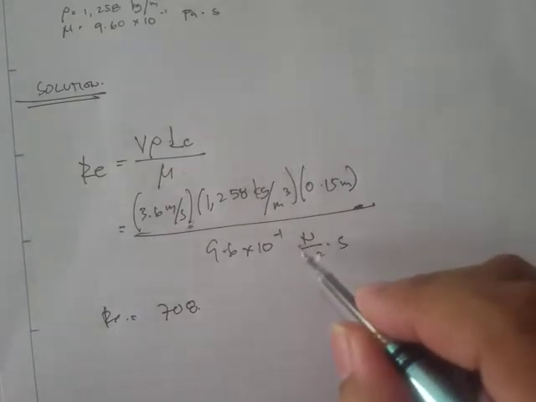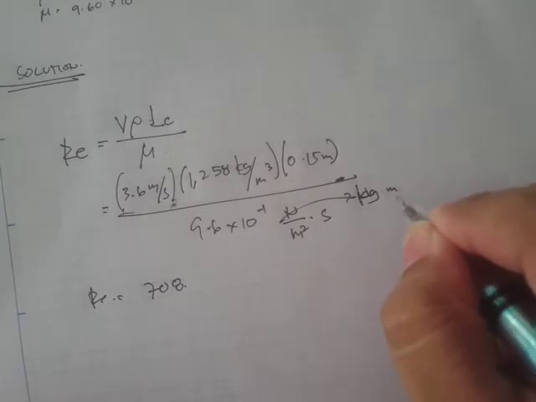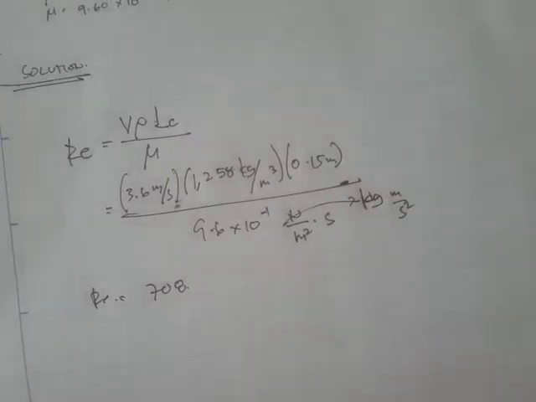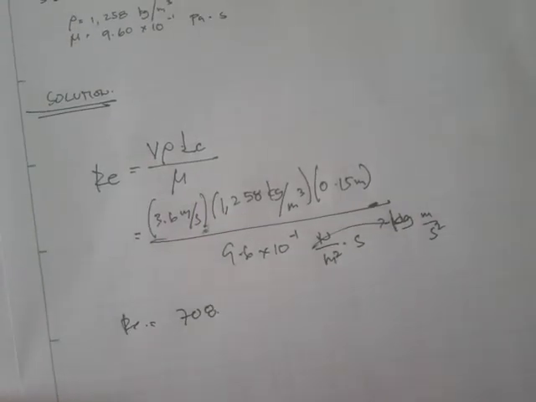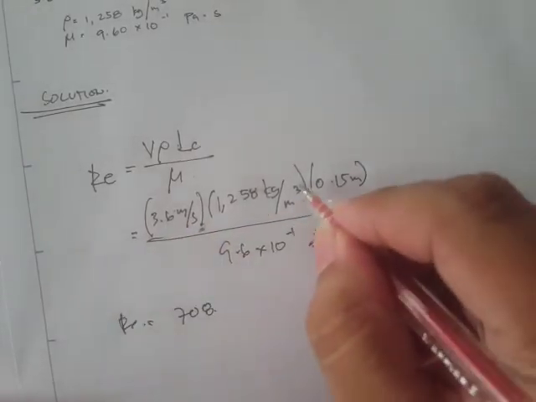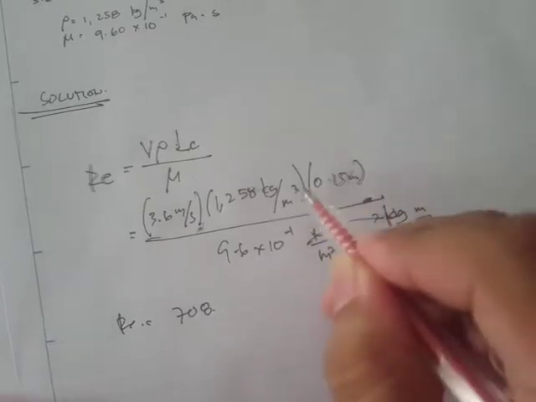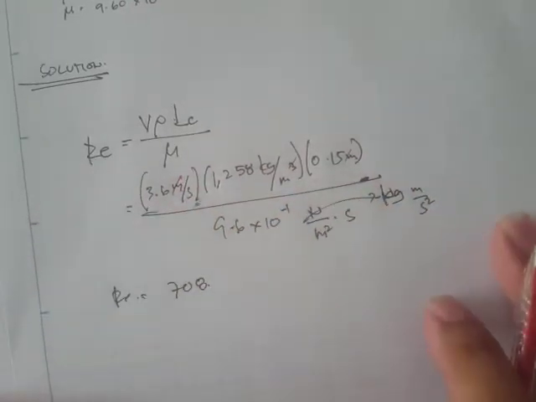This one is kilogram meters per second squared. If we simplify the units, we have meter cubed and then meters, so that's going to be meter squared, and this cancels out.